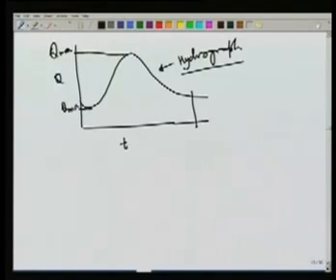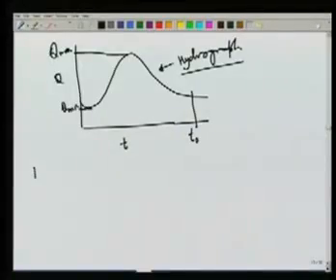Now somebody might ask, what is the average flow over this time period? Let's call it T naught. So over this time period of T naught, what is the average flow in the stream? Or what is the total volume of water which has passed the stream at that location A in this time T naught?